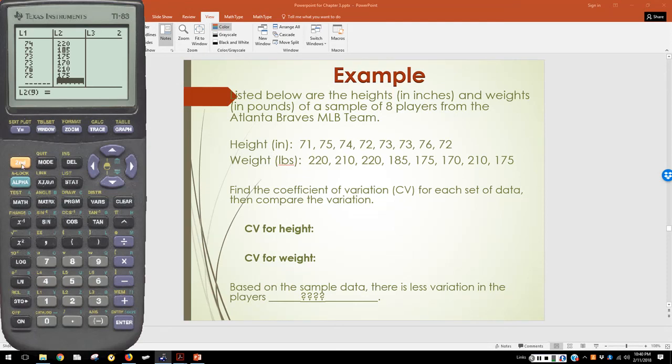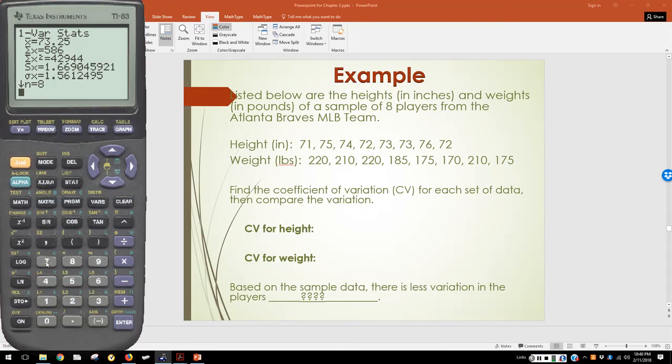Looking at this sample of players, what we're going to do first is calculate the one variable statistics for their heights. We see the average player is 73.25 inches tall, and that varies by 1.669 inches.